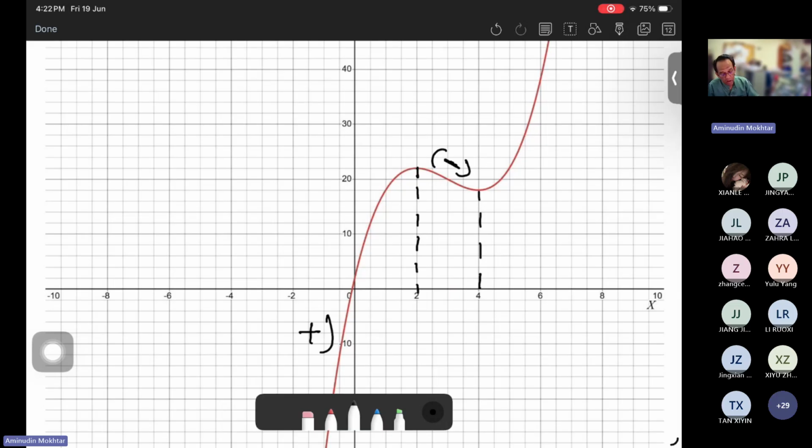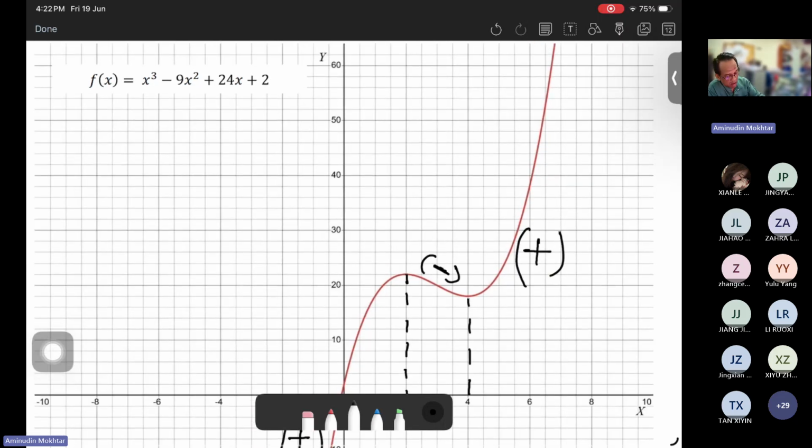After x equals 4, we can see again the value of y increases when x increases, or the slope is positive. Now I will show you how to apply dy/dx to determine the critical values and also find the increasing or decreasing areas for this function.